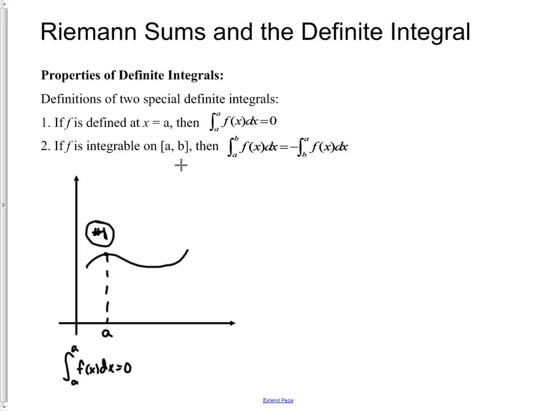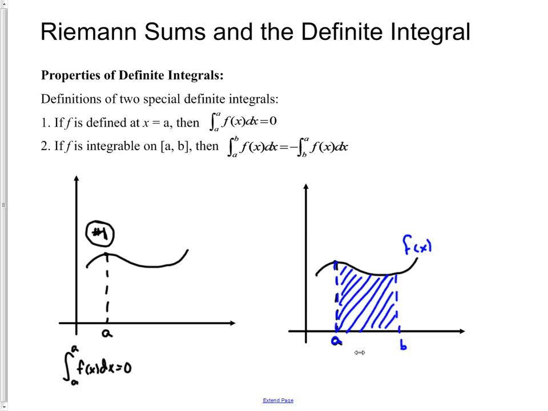Now, the second rule tells us that if f is integrable on a to b, then the definite integral from a to b of f of x dx would be the same as taking the opposite of the definite integral from b to a.